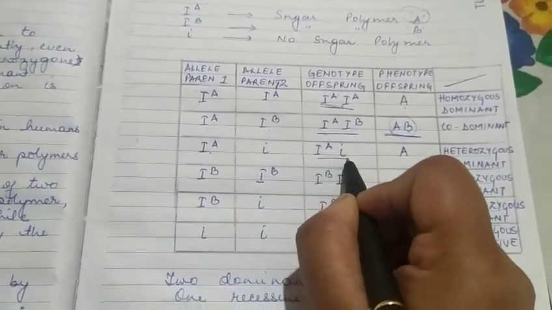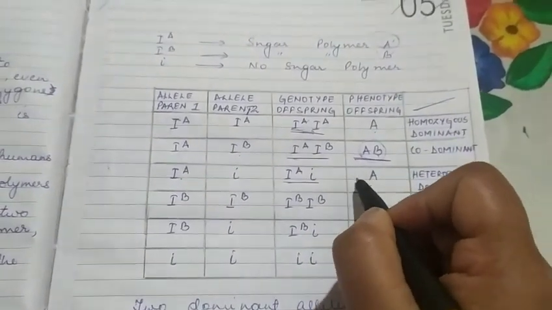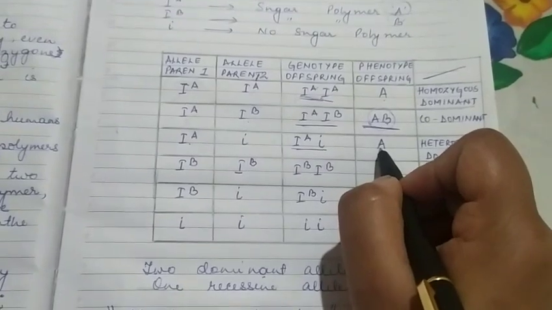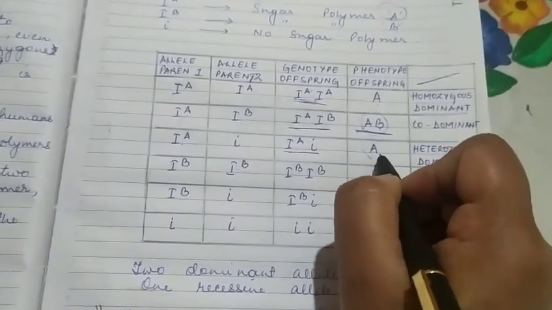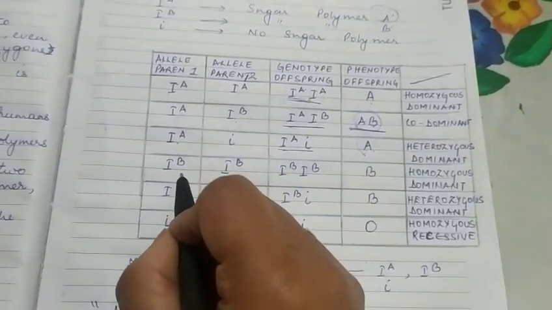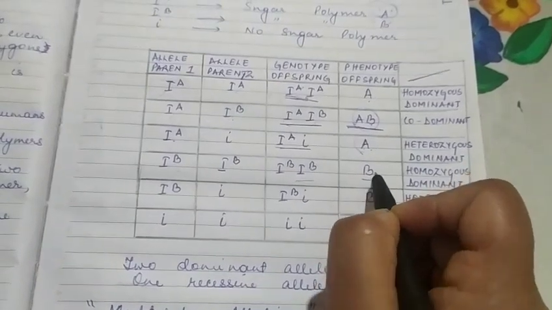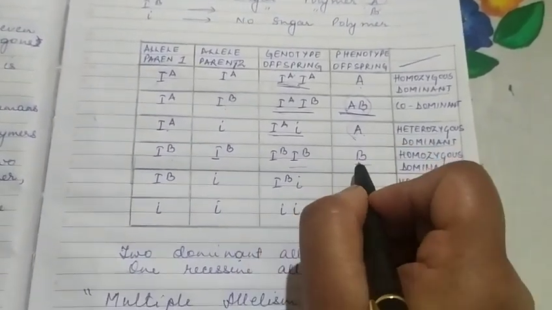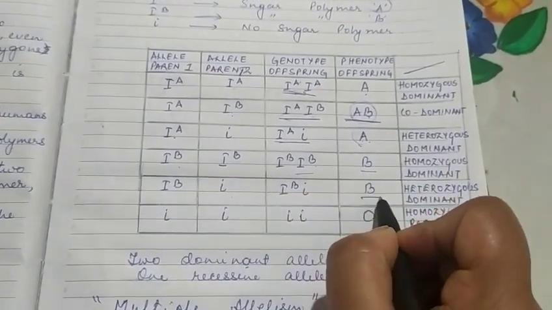Then, third instance, the IA allele combines with small i from the second parent. When this combination was seen, the RBC formed only A type of antigens, so the phenotype came out to be A. Likewise, IB with small i showed blood group B because the antigen formed was only B type.